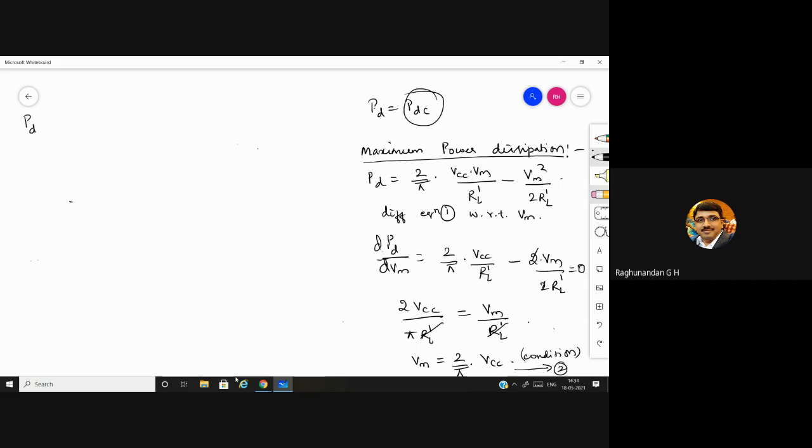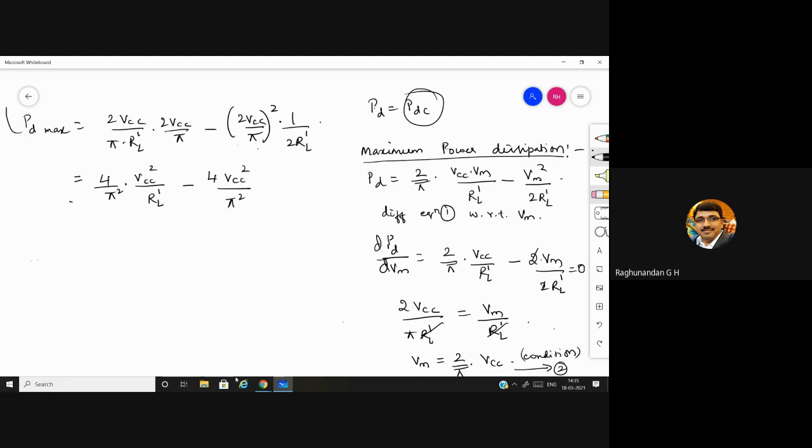So we get Pd max, the maximum power dissipation, is equal to 2 Vcc by pi into RL dash into 2 Vcc by pi minus 2 Vcc by pi whole square into 1 by 2 RL dash. That is equal to 4 by pi square into Vcc square by RL dash minus 4 Vcc square by pi square into 1 by 2 RL dash.